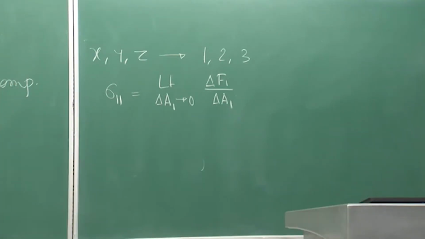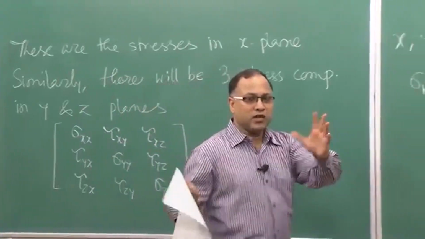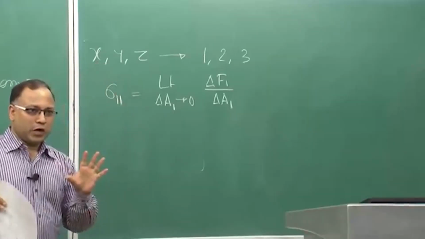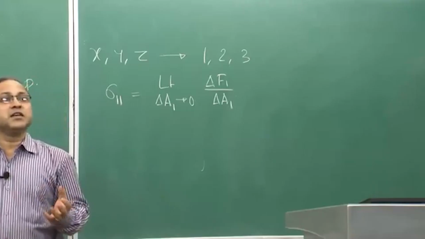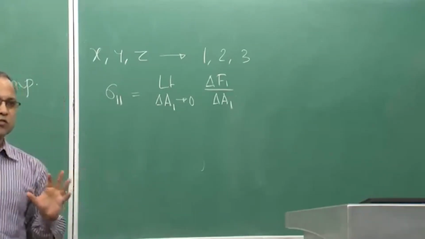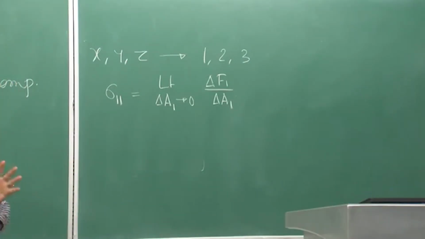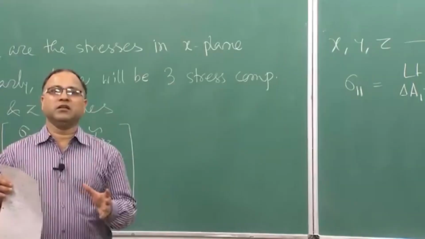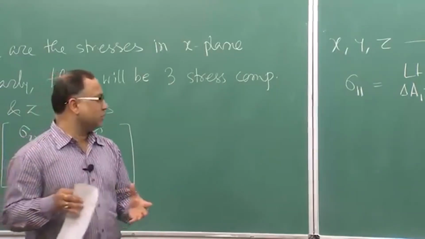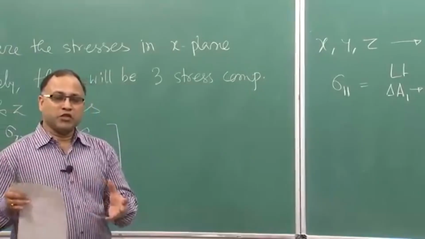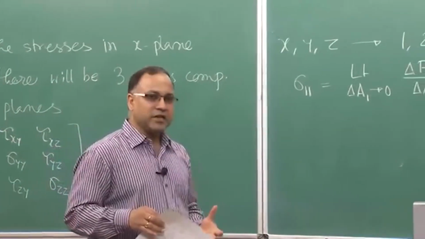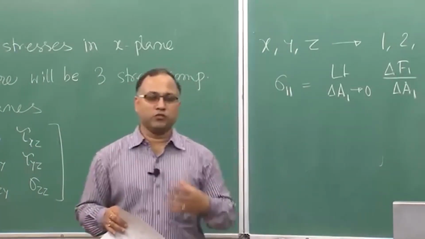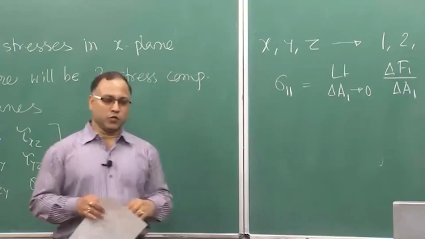What is plane 1? Basically, we are just mapping. This is the initiation of the index notation, though that is not included in your syllabus, but I just give you some indication or hints by which you can think of the index notation later on when you go through an advanced level mechanics course.